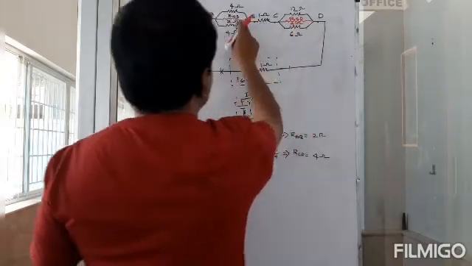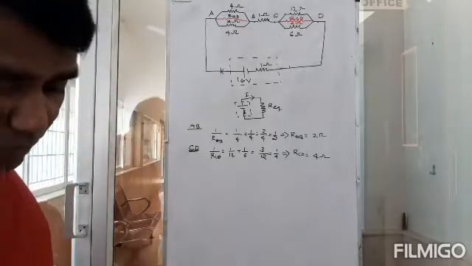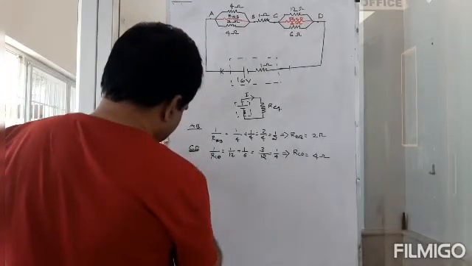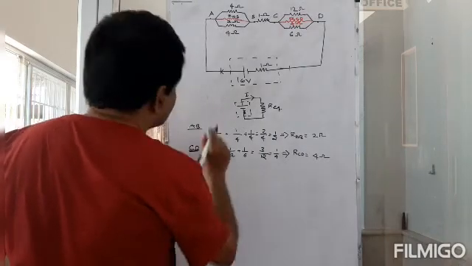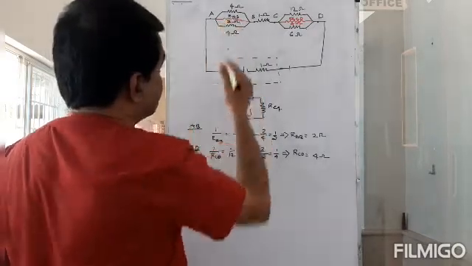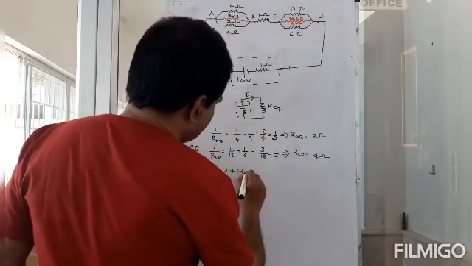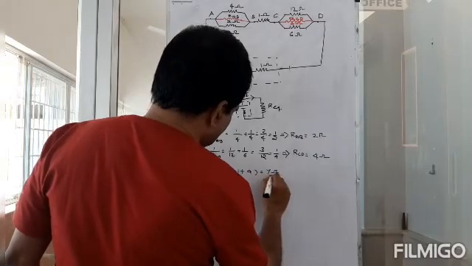Now you see 2 ohms is in series with 1 ohm, and that is in series with 4 ohms. So the total resistance of the network, A to D, is equal to 2 plus 1 plus 4, which is 7 ohms.